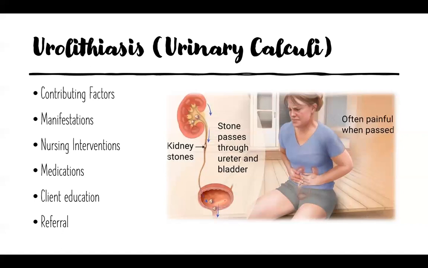And also that pain may radiate to the groin. The other manifestations of urolithiasis could be nausea, vomiting, diarrhea, or constipation. There may be hematuria. The patient may also have manifestations of a urinary tract infection.